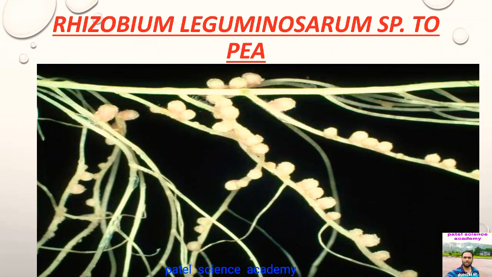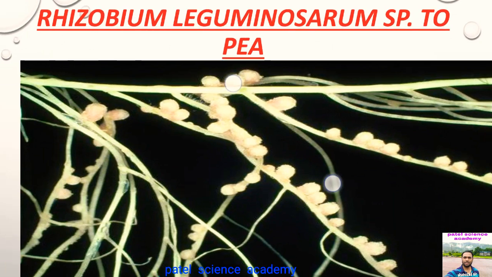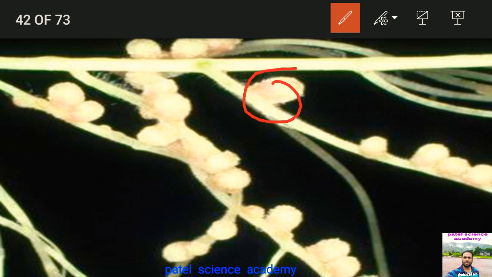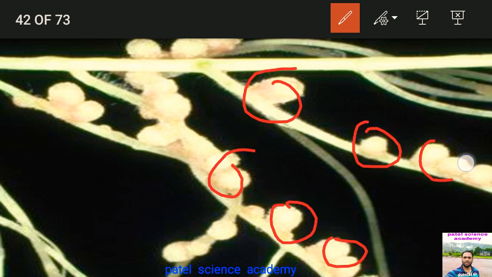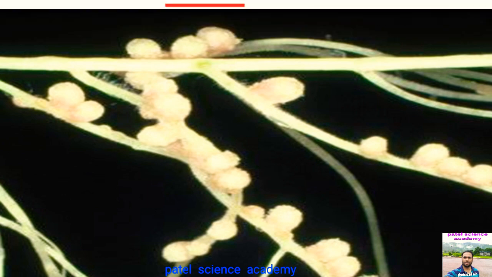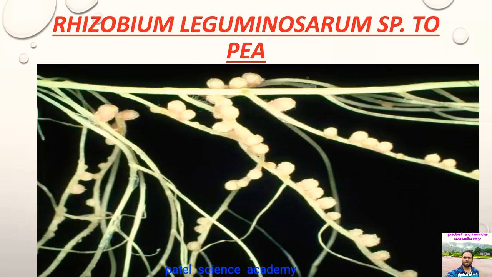So this is Rhizobium leguminosarum species in the garden pea plant, and you can see these are the legumes. In these legumes, bacteria reside and fix the nitrogen from the atmosphere and convert it into nutrients for this garden pea plant.